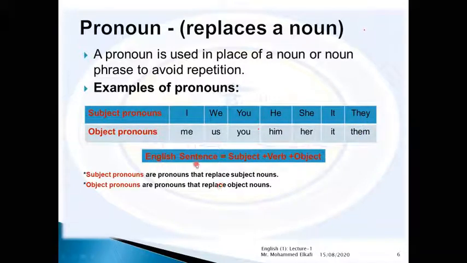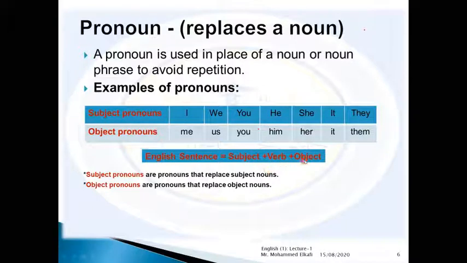So here we know this is the form of an English sentence. It includes mainly subject and verb, and sometimes we find an object or complement. So this is the order of the English sentence: first subject, then verb, then object. Nouns in the subject place come before the verb.